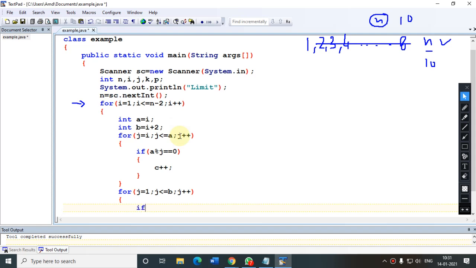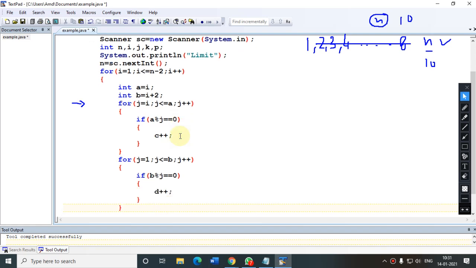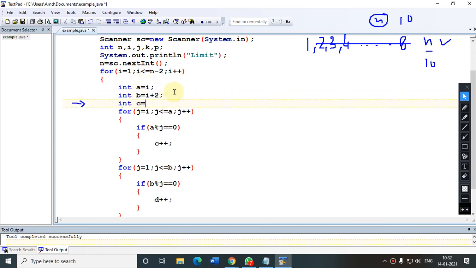If b mod j equals to 0, then we are using one more variable like d. But there is a problem. The problem is I have not initialized the variables c and d. So for that we can declare those variables with 0 inside the loop. We declare them inside because c and d are not required outside of the outer loop. If you want to declare c and d here, you can do that also. That is not an issue, right?